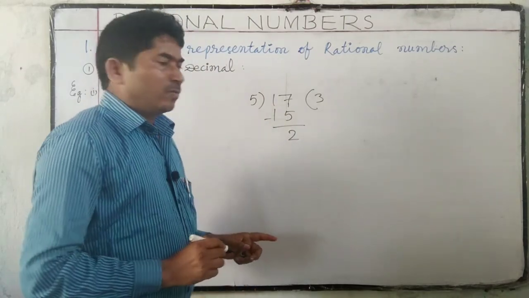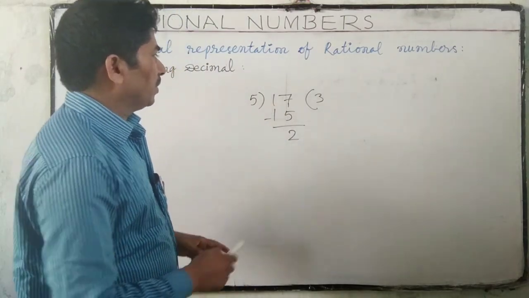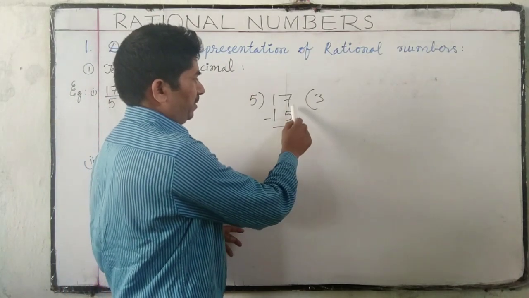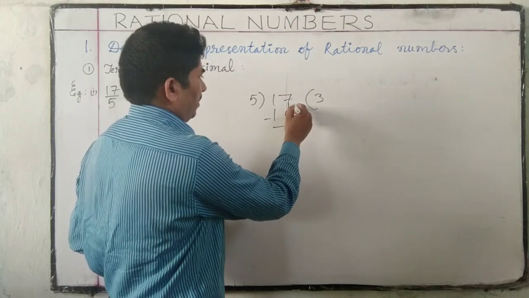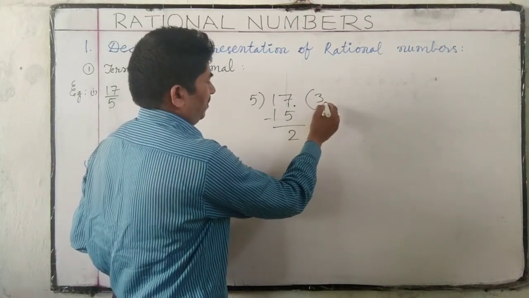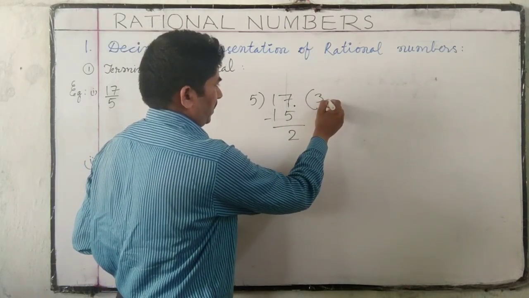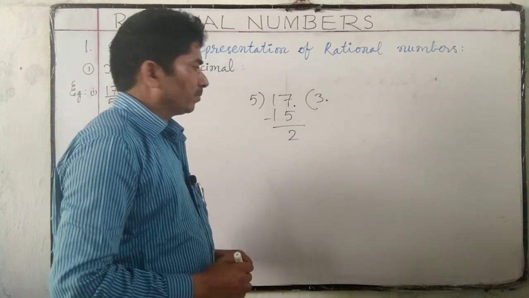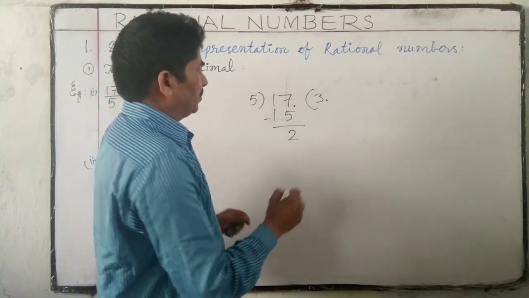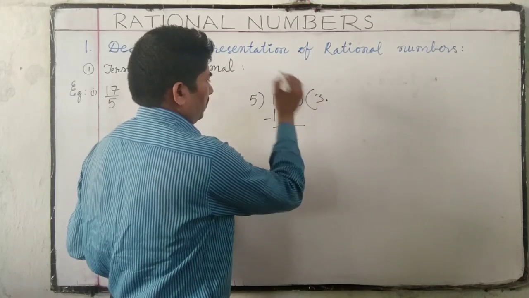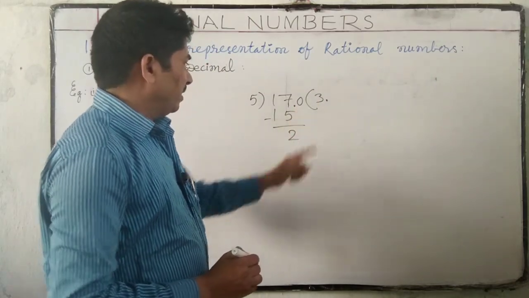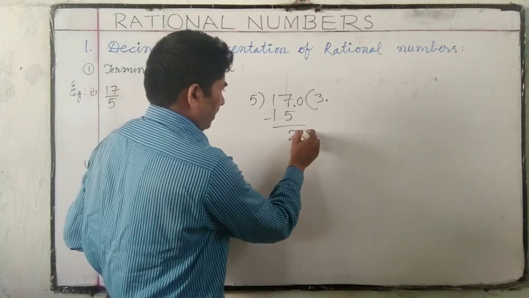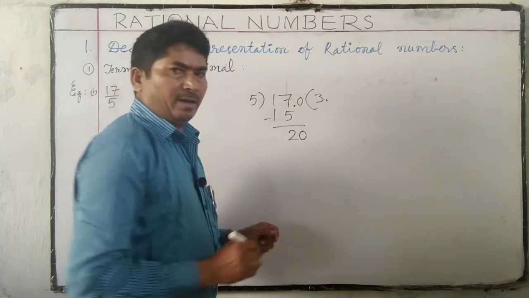Now we have to keep the decimal point in the dividend and at the end of the quotient, and also put a 0 after the decimal point in the dividend as well as in the remainder.